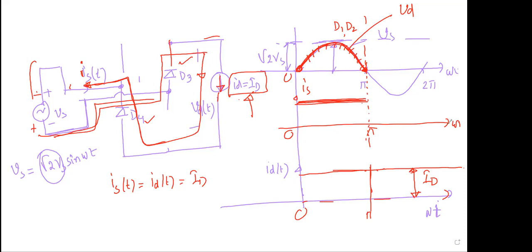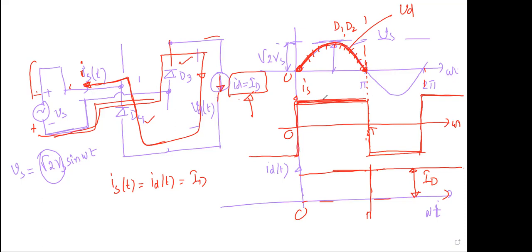Sir, minus ID actually. Because look here, the current has changed its direction. So now is it sinusoidal or is it rectangular? Rectangular, sir. Square wave.